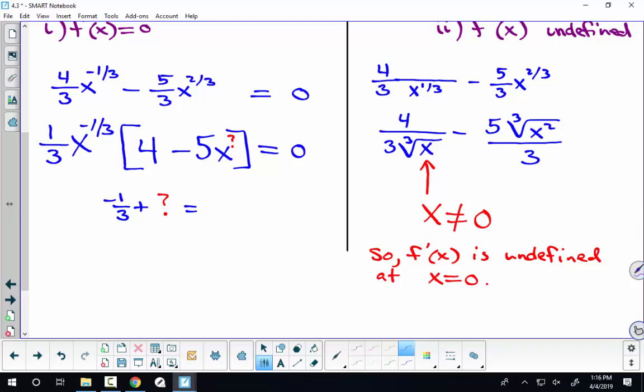I should get back this 2/3. So then you've got a simple algebraic equation to solve for the question mark. So 3/3, which is 1. So that's just 5x to the first.